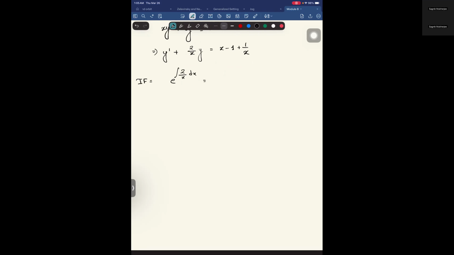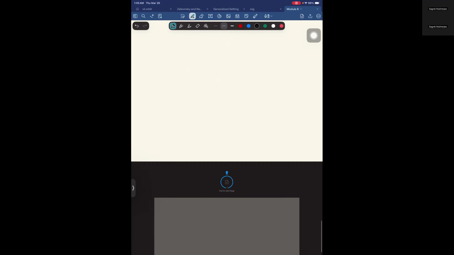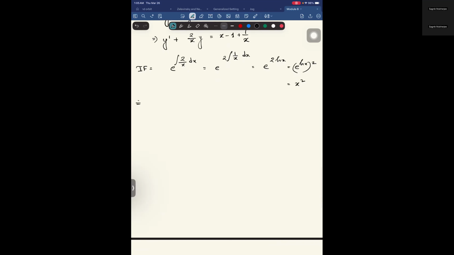So this is e power integral 2 over x dx. So this is e power 2 log x. So this is nothing but e power log x squared, which is x squared. That means the integrating factor is x squared.